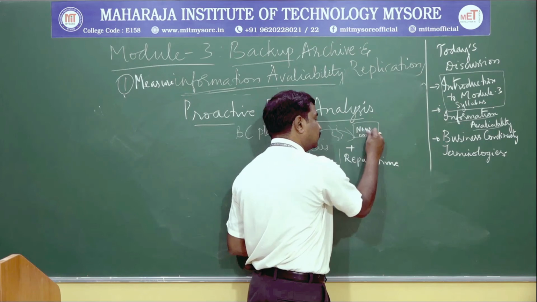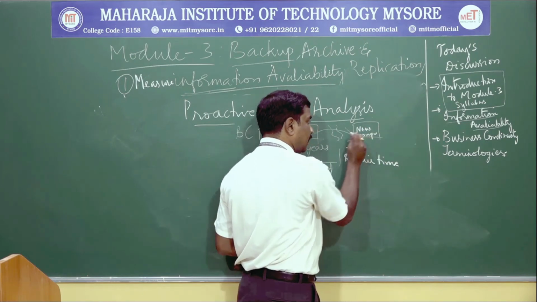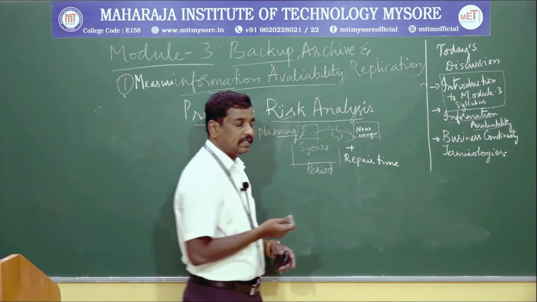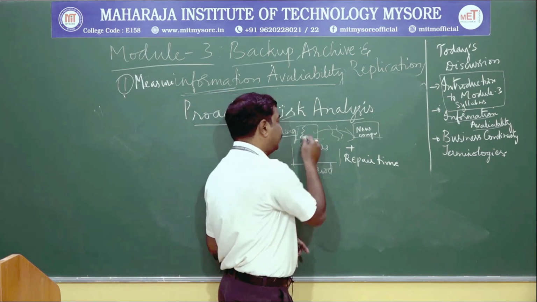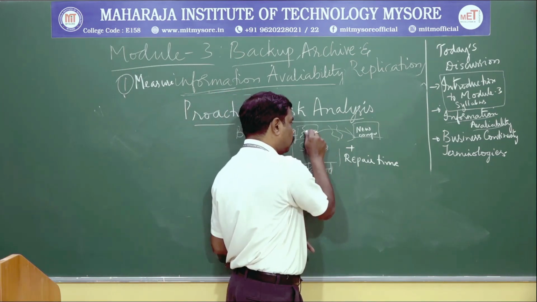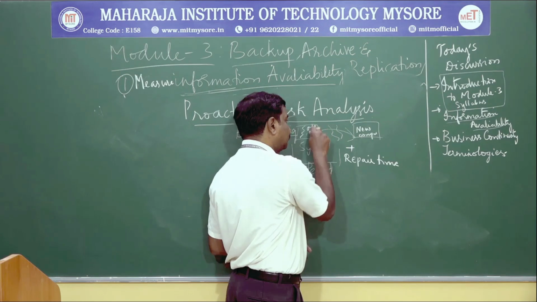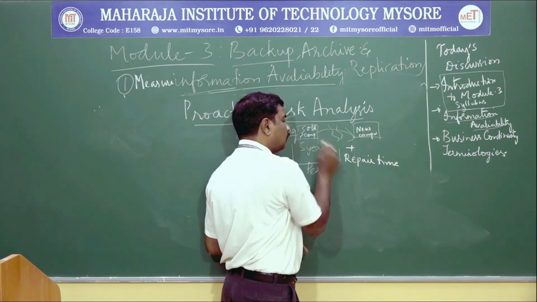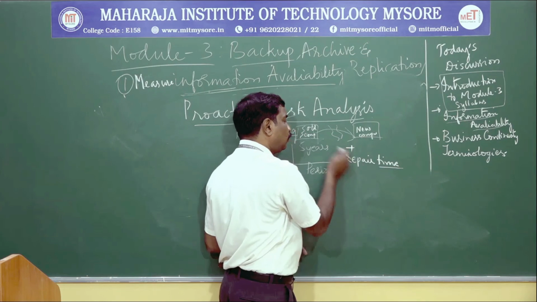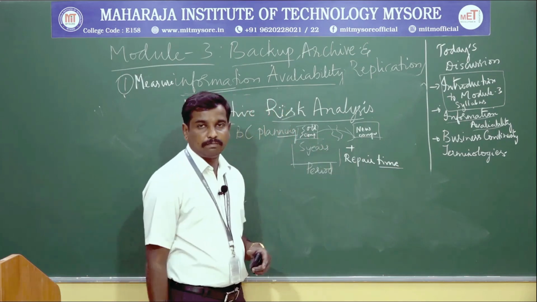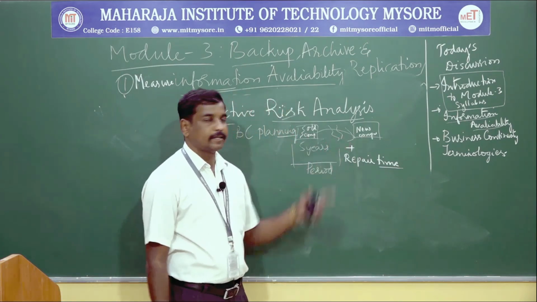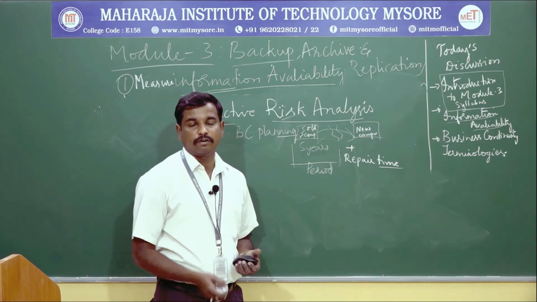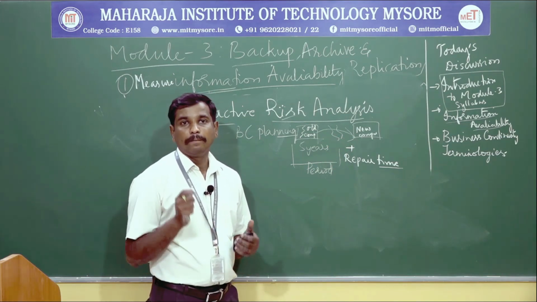These new components will operate for a particular time, and the old components need to be repaired. What is the time required for repairing the old components, for replacing the alternate components which we are using? Such types of measures.